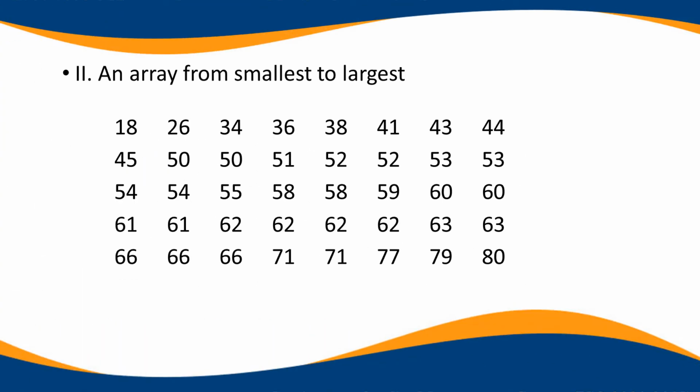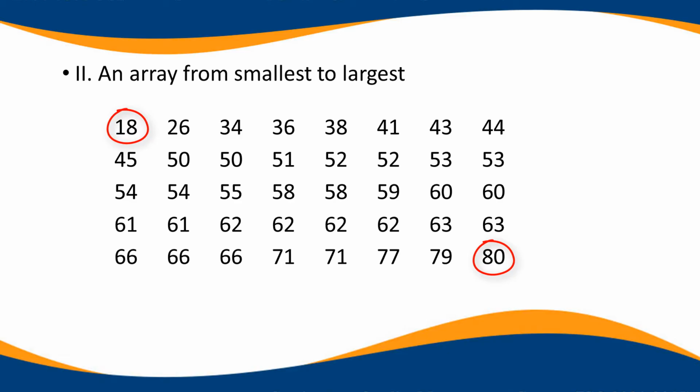In another example naman, an array is arranged from smallest to largest. 18 being the smallest value and 80 is the largest value. So this is an example of an array. So dito, madali mong makikita ilan taong gulang yung pinakamatanda nilang naging customer at ilan naman o ilang taong gulang yung pinakabata.